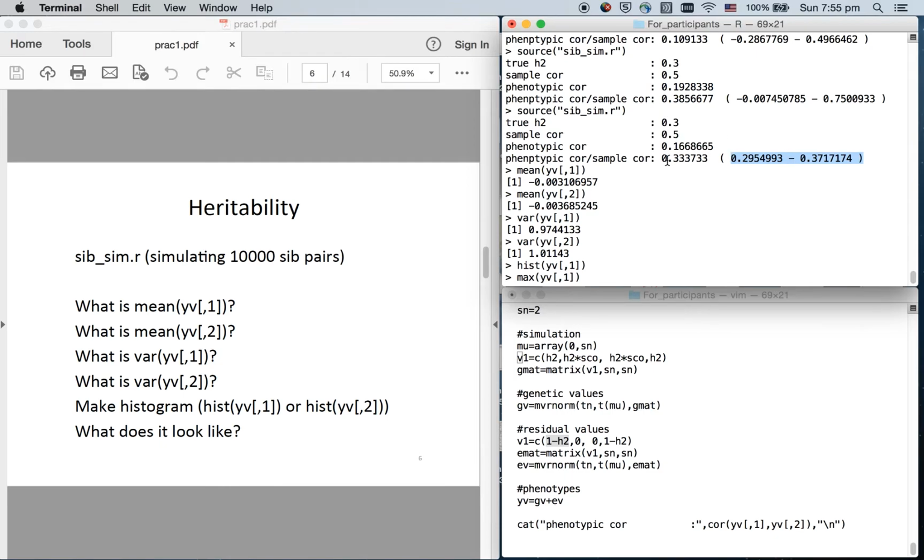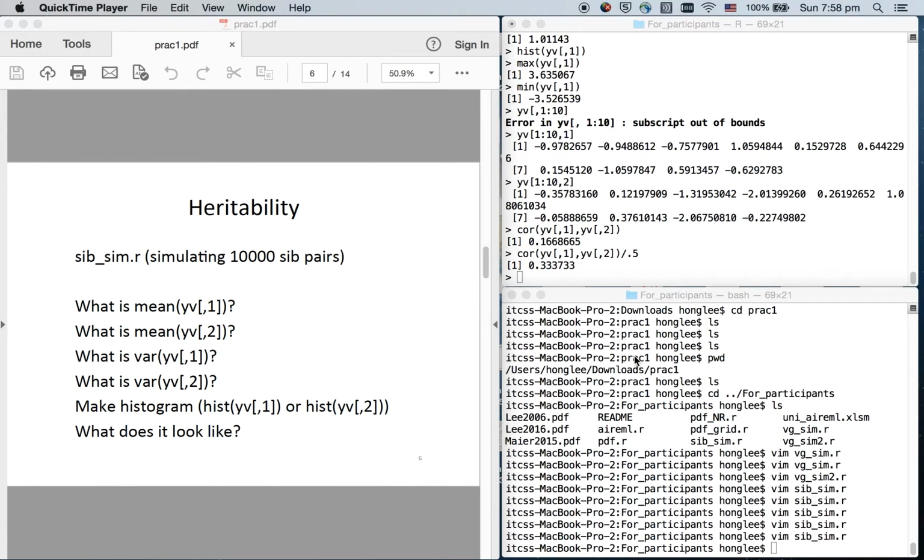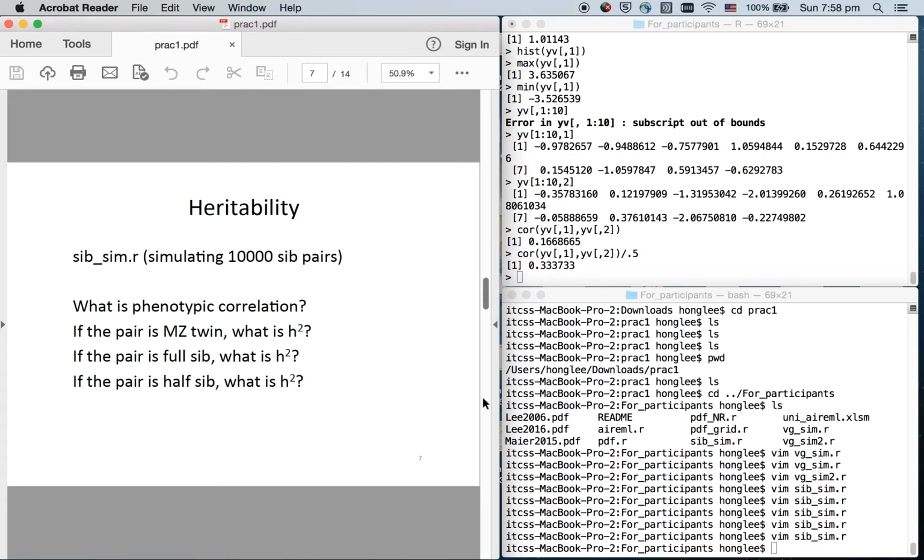So the estimation is quite unbiased given the confidence interval. Okay, I hope now you are confident how to estimate heritability from a full SIP design. So we can go next.